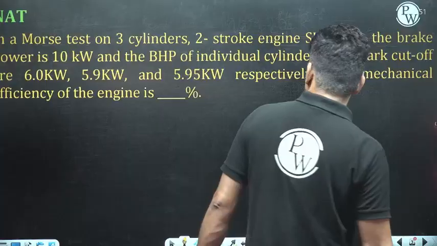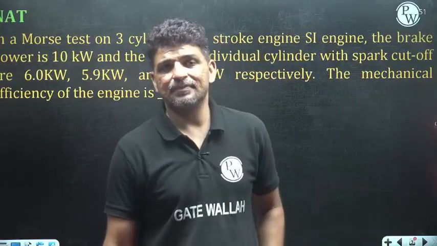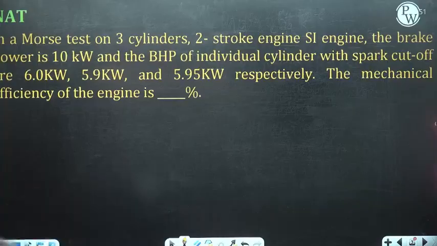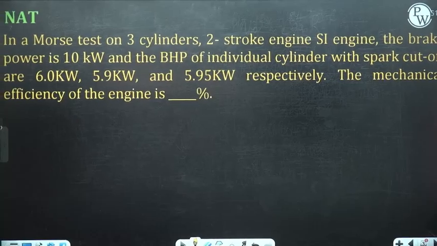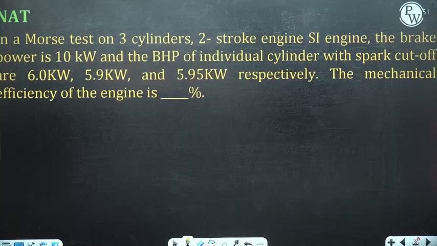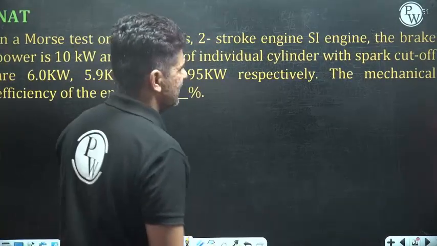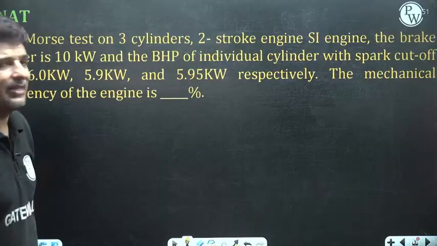Moving on, the next question was again very easy. It says in a Morse test on a 3-cylinder 2-stroke SI engine, the brake power is 10 kilowatt.